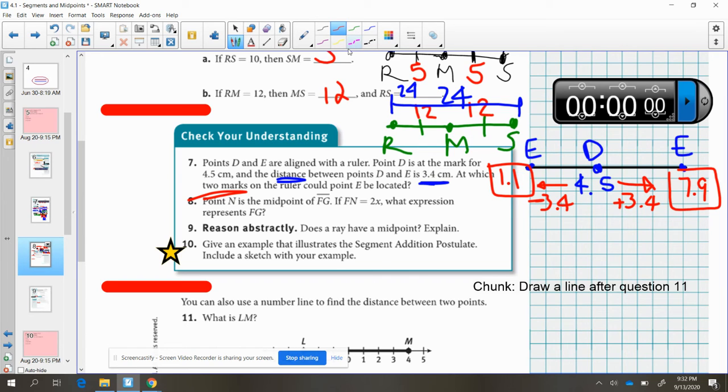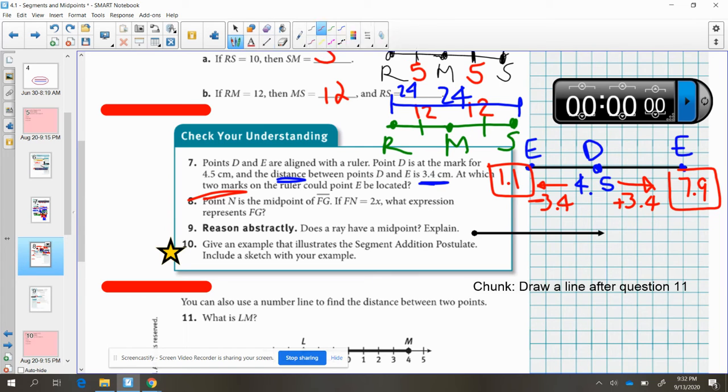A little bit of reasoning abstractly: are any rays going to have a midpoint? Well, the answer here is no, because reminder, with our rays, we're going to infinity and beyond, because of this arrowhead here. So can a ray have a midpoint?